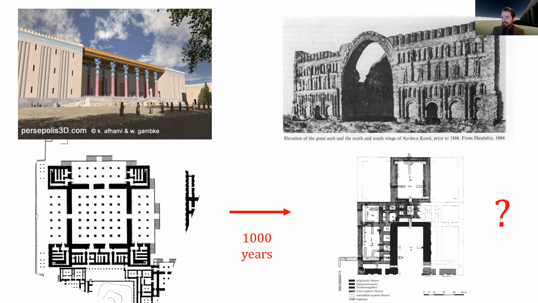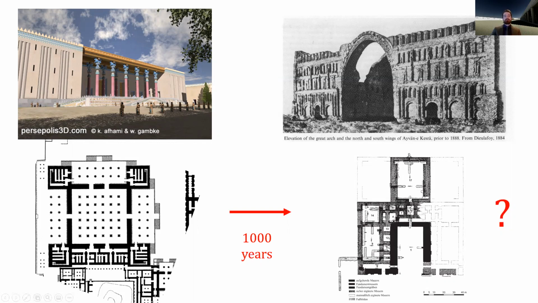As you can see here, we have the Apadana with its site plan at the site of Persepolis, and another site, the so-called Ayvan-e Kesra or Taq-e Kesra, and its site plan here. The question is, how do we get from the prestige architecture of the hypostyle hall to the prestige architecture of the Sasanians with the Avon, this large unsupported vault?